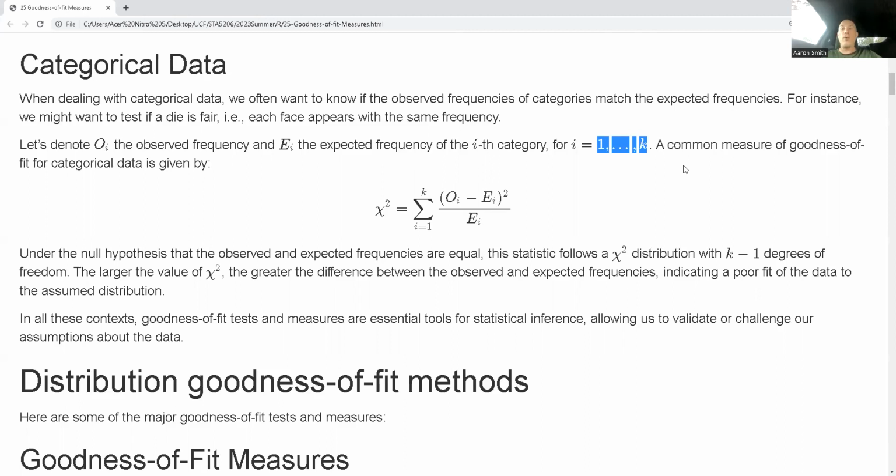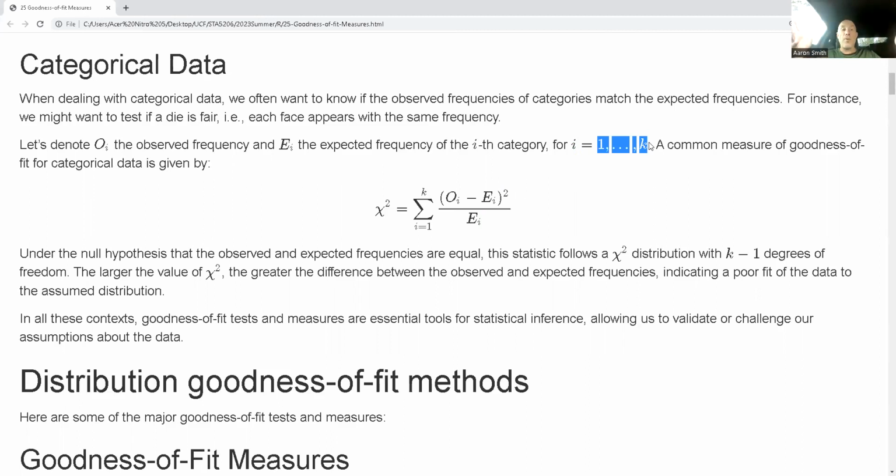I goes over all our possible levels. And a common goodness of fit measure is the chi-squared statistic, which will follow a chi-squared distribution, by the way. Observed minus expected, square it, divide by expected, and then add that up over the different levels that we have for our categorical data.